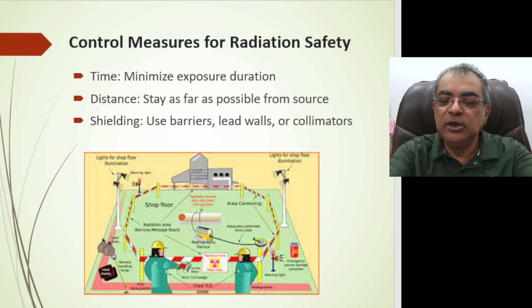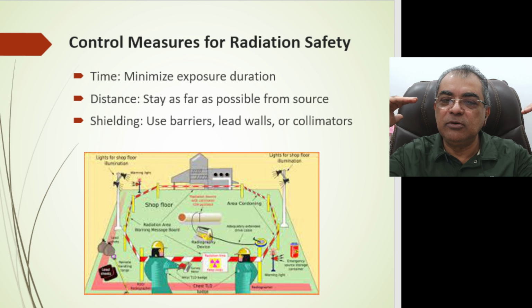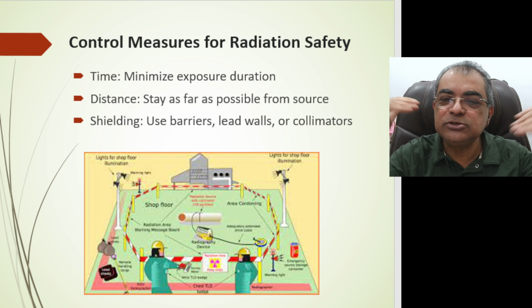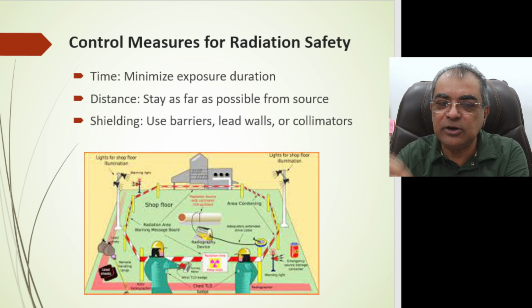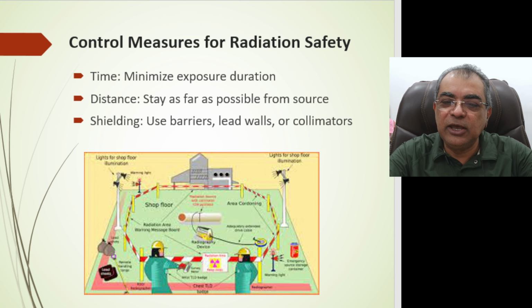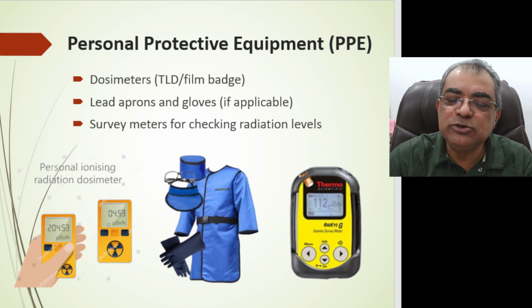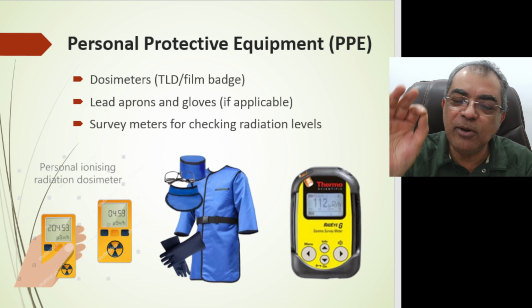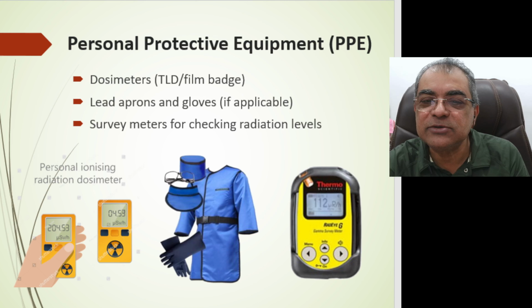Minimize exposure duration, and keep distance, stay away. As you can see, if any radiography exercise is going on, the people are kept at a distance. Shielding means the radiation materials are kept in concrete shielding, underground. Okay. So what personal protective equipment is used? You have to remember that also, because these are the things they ask.